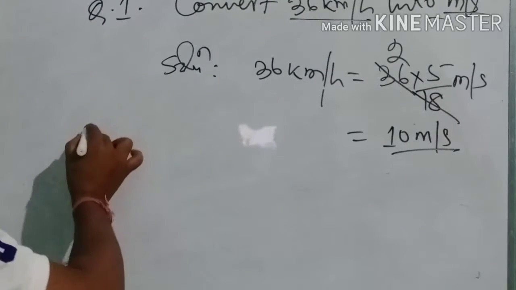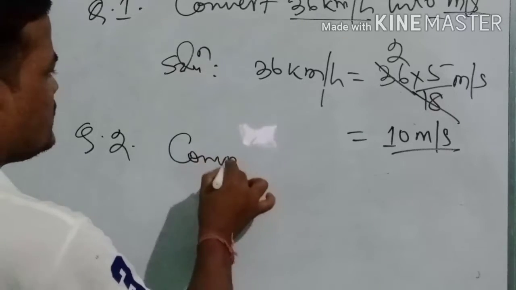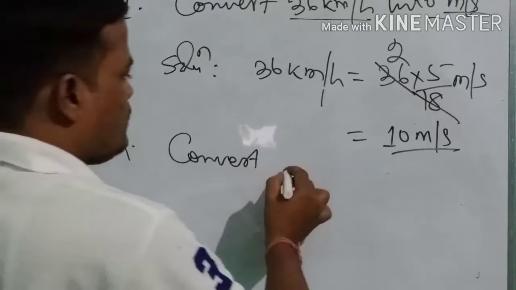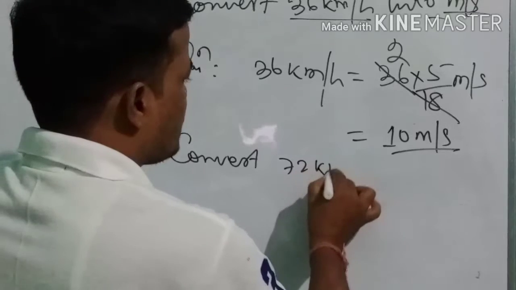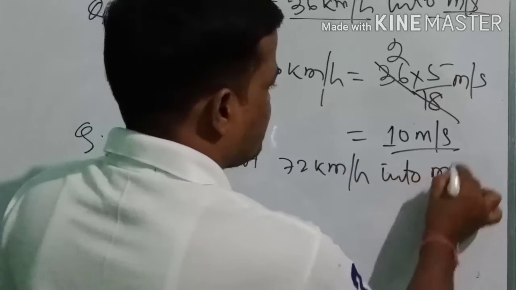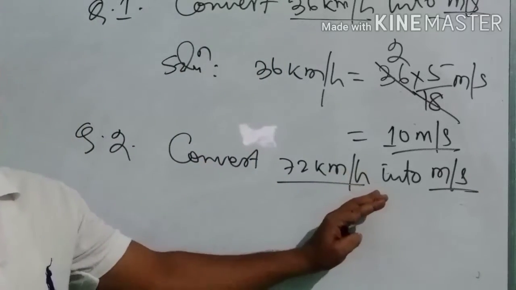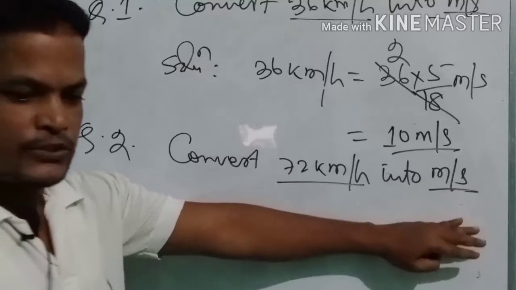Okay, now let us see question number 2. Suppose you will be given: convert 72 kilometer per hour into meter per second. You are given 72 kilometer per hour and you have to convert it into meter per second.